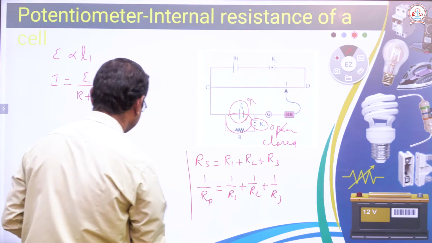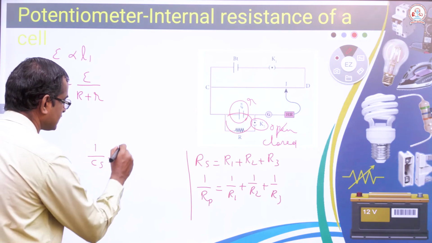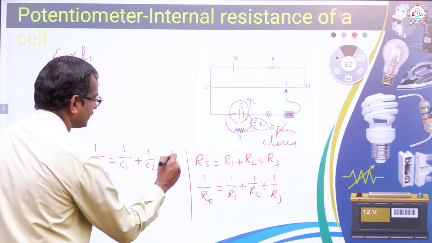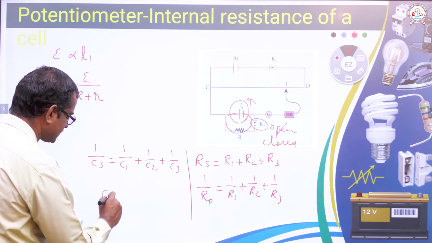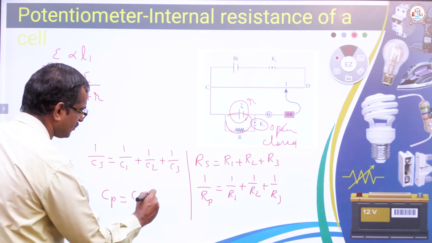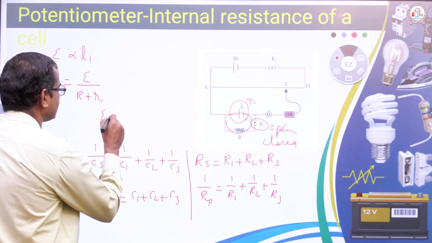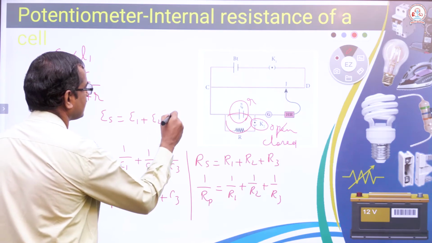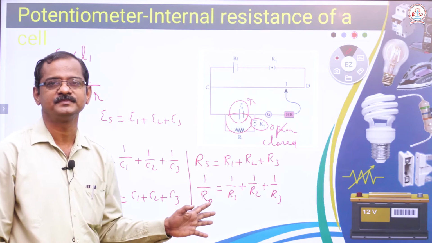Whereas for capacitors in series, 1 by Cs is equal to 1 by C1 plus 1 by C2 plus 1 by C3. For capacitors in parallel, Cp is equal to C1 plus C2 plus C3. In case of batteries connected in series, the EMF is epsilon 1 plus epsilon 2 plus epsilon 3. This comparison we should know.